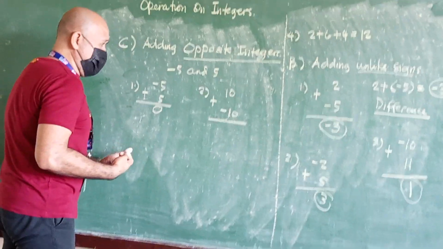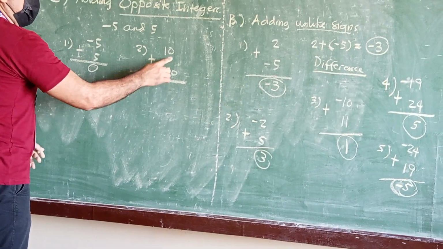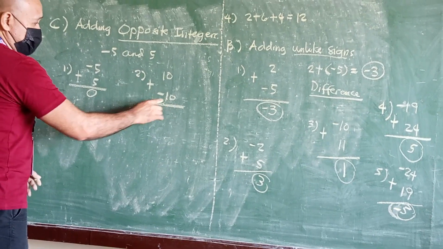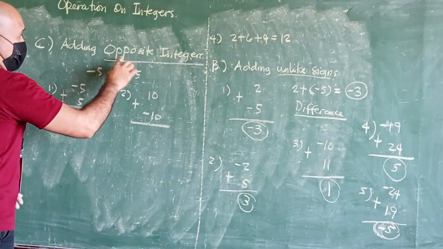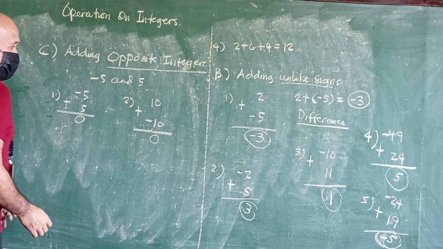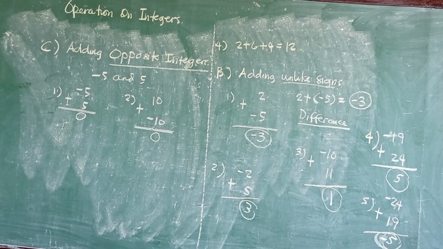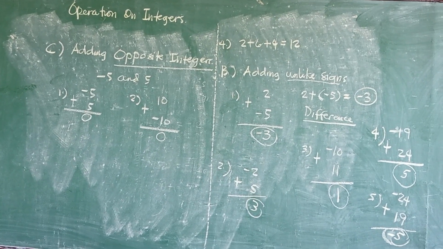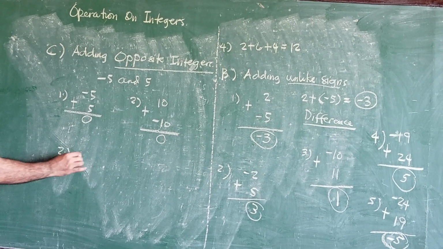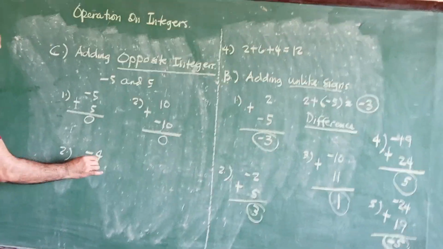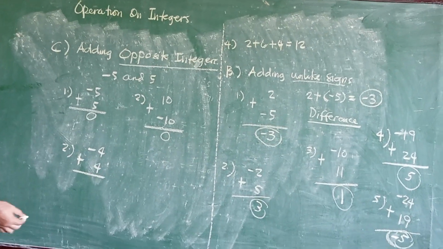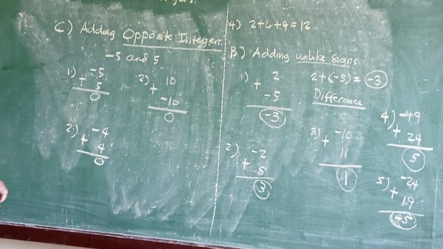Again, just answer it directly because you cannot find any difference between 10 and negative 10. When you add opposite integers, the sum is always 0. As simple and easy as that. Another one, negative 4 and positive 4. The answer is simply 0.